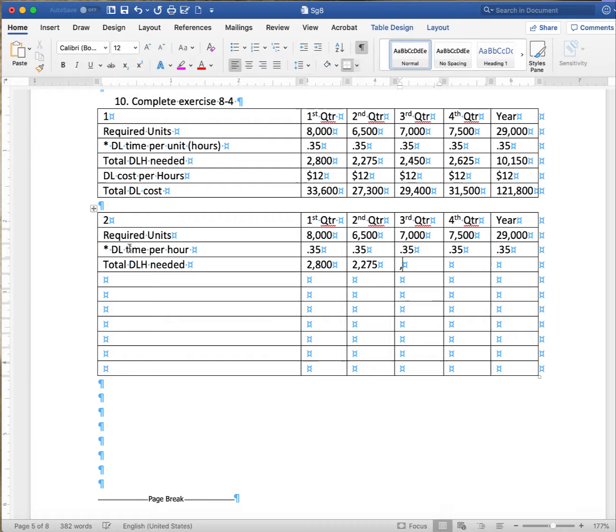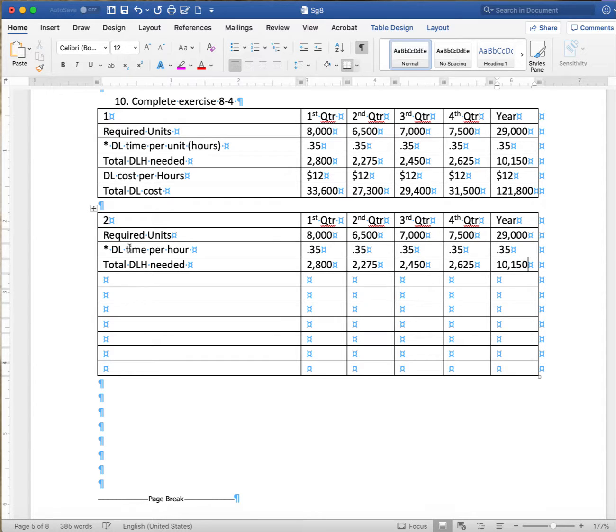That's still 2,450. Fourth quarter, still going to make 7,500 units, still 0.35 of an hour to make it. So that's still going to be 2,625. And the total is still the same for the year.